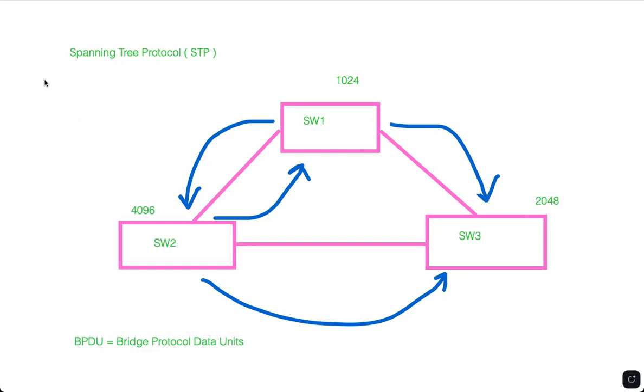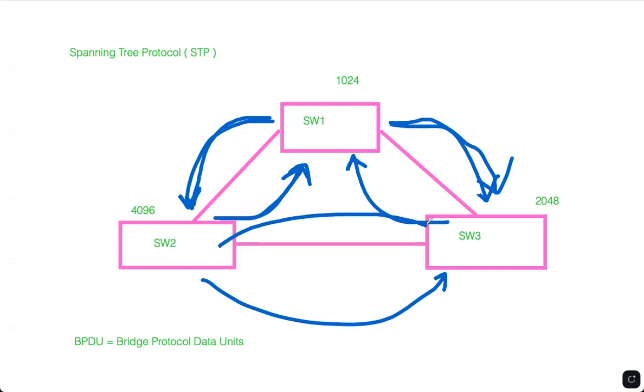Switch 1 will send its priority number to switch 2, and switch 2 will send its priority number to switch 1. Like that, switch 1 will send the priority number to switch 3, and switch 3 will send the priority number to switch 1. Switch 2 will send its priority number to switch 3, and switch 3 will send its priority number to switch 2.